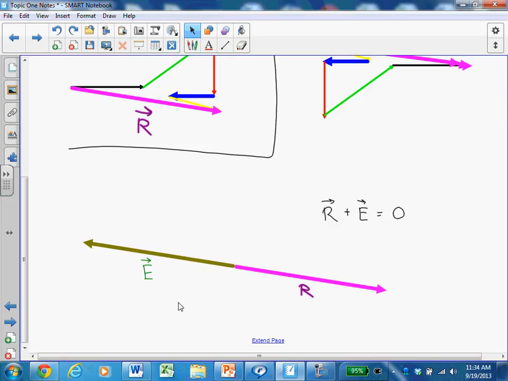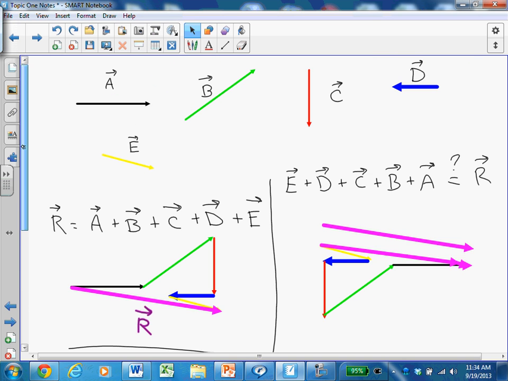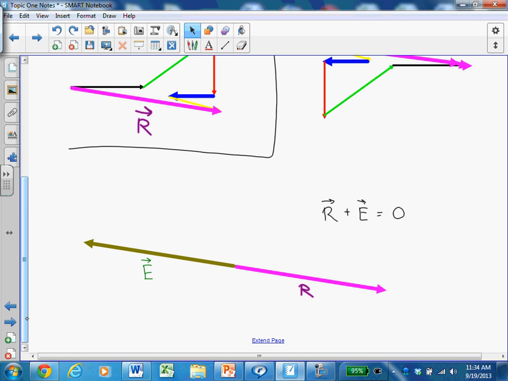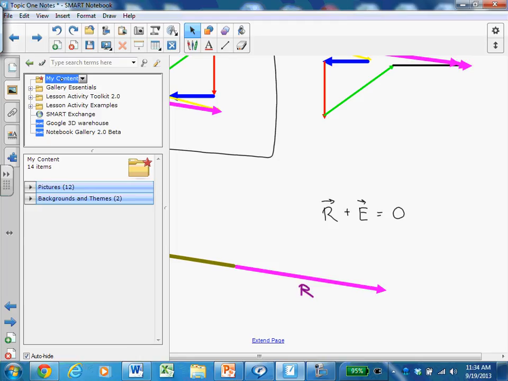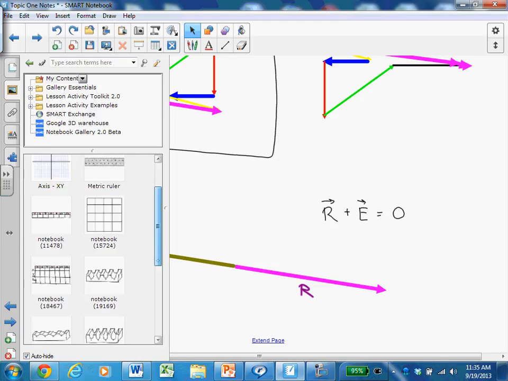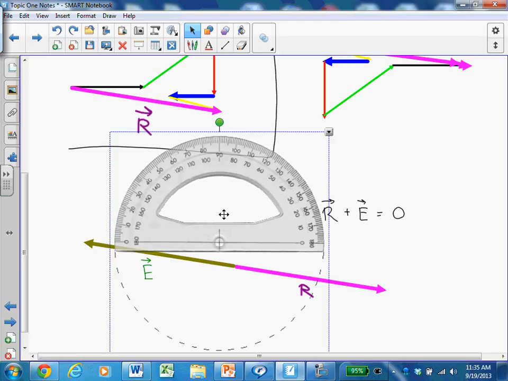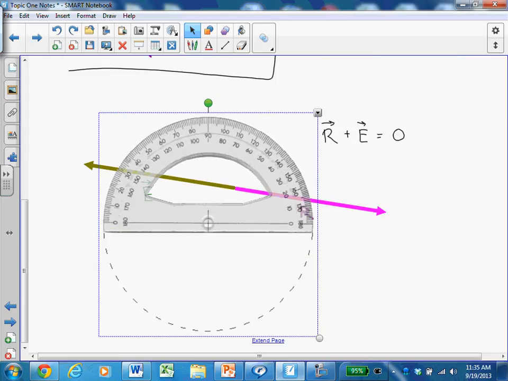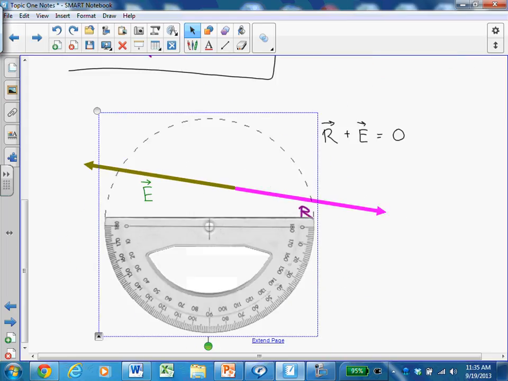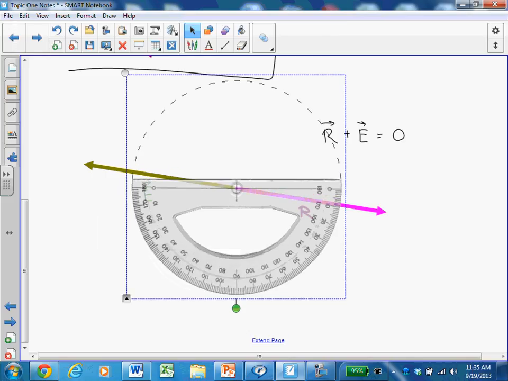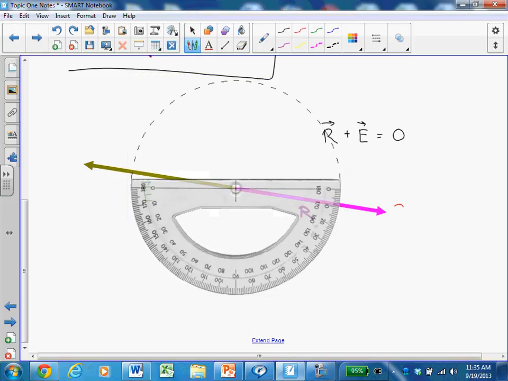So if R is at, oh, I'm sorry, not 9 degrees.